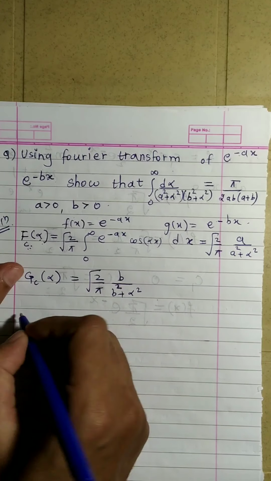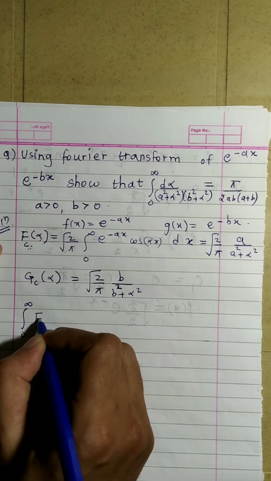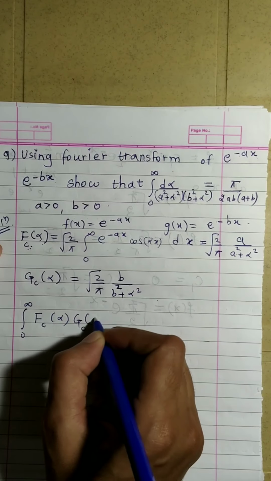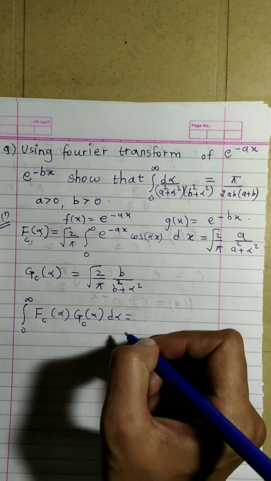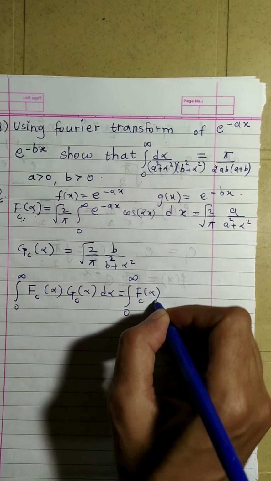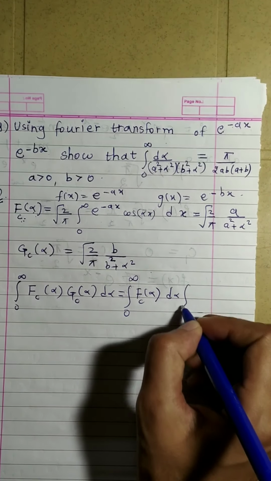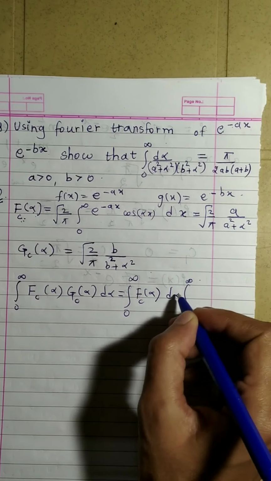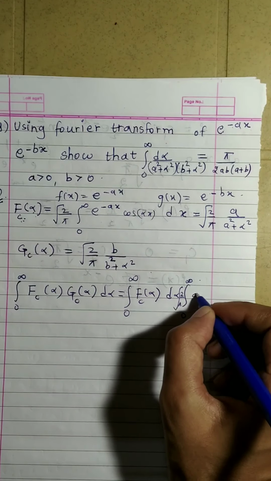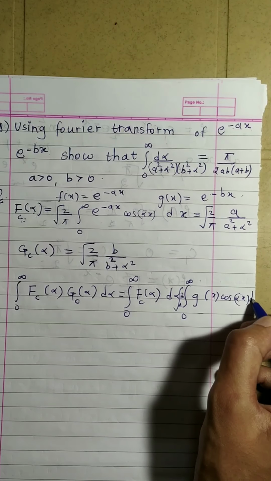Now observe that the integral from 0 to infinity of the Fourier cosine transform of the function f of x into the Fourier cosine transform of the function g of x is equal to the integral from 0 to infinity, root of 2 by pi will come there, of g of x cos of alpha x dx.